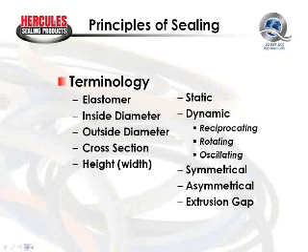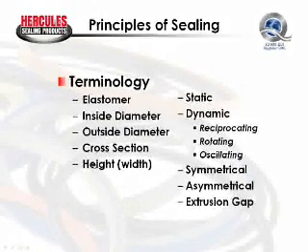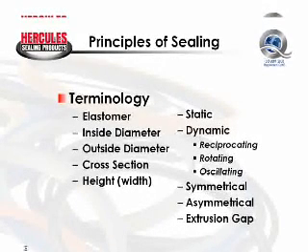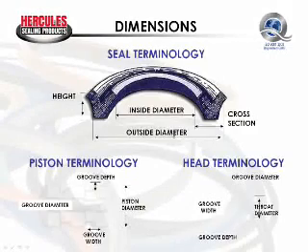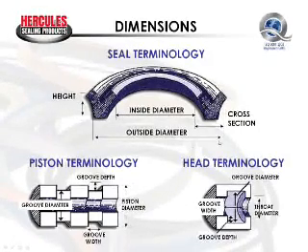We'll also talk about inside diameter, outside diameter, cross-section, height, static and dynamic seals, symmetrical and asymmetrical seals, and then extrusion gap. Here we see an illustration of the inside diameter and outside diameter of the seal. I think all of you are familiar with those terms.